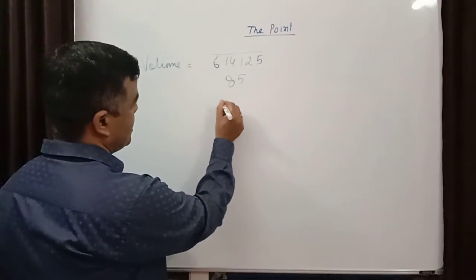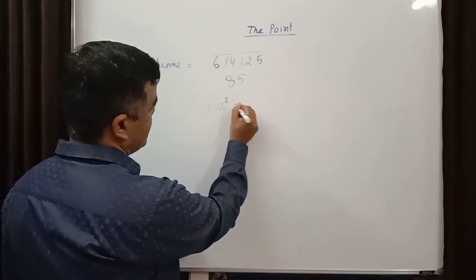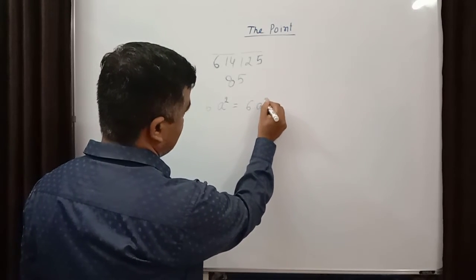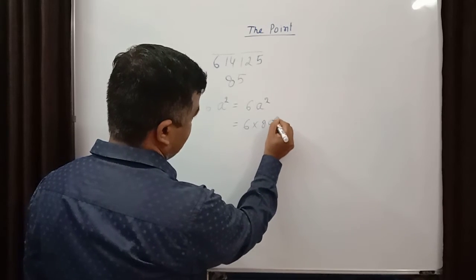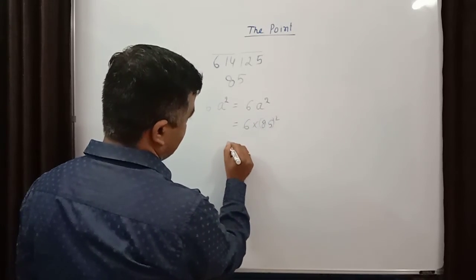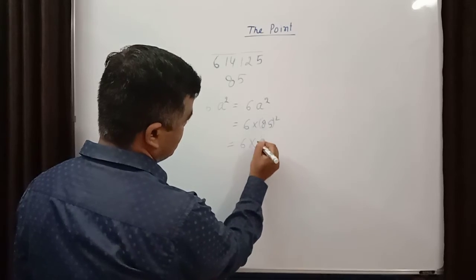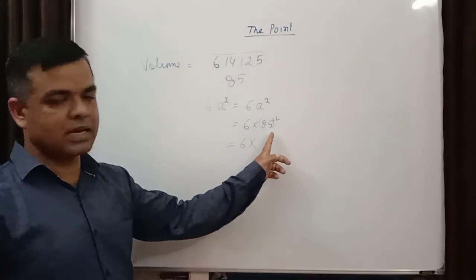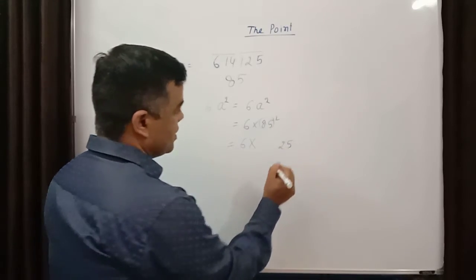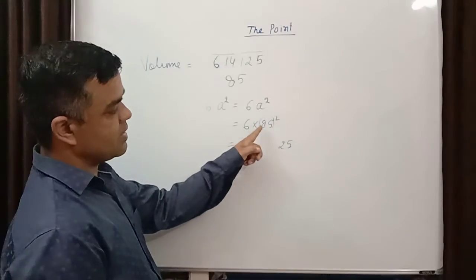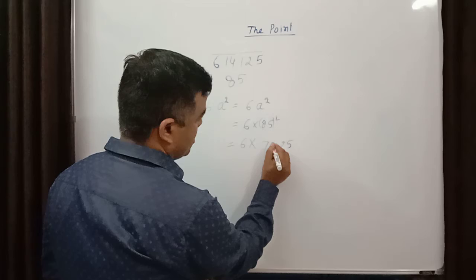Now you can calculate the surface area, that is 6a square, 6 into 85 square. I have already told you how to do the square of a number whose last digit is 5: 5 5 are 25, and 8 increased by 1 is 9, 8 9 are 72.